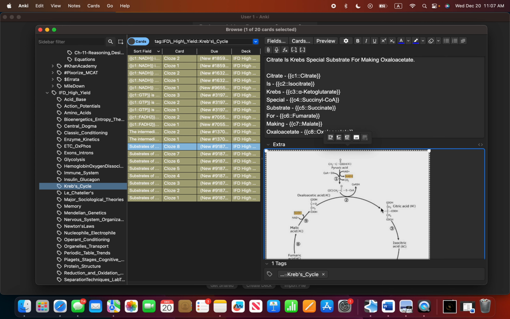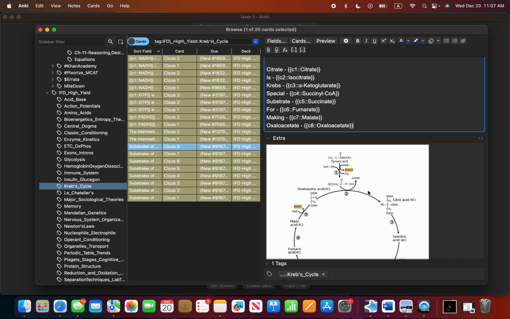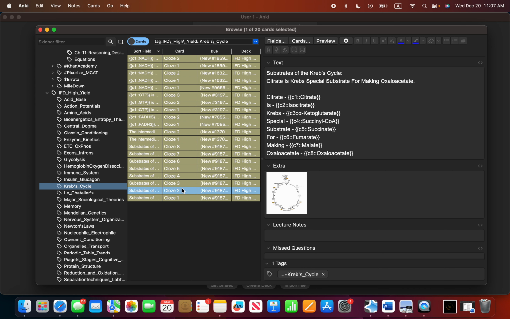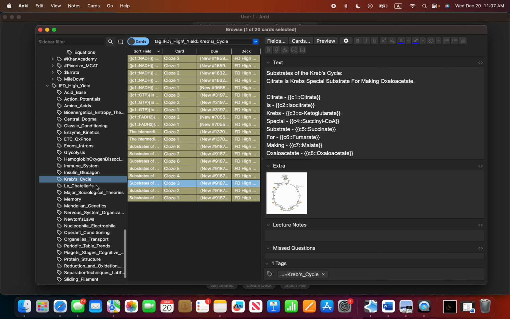So citrate is Krebs' special. Special should be succinyl-CoA, which is before succinate. And what was the substrate? So succinate, substrate 4, fumarate, making is should be malate, nice. Oxaloacetate, and oxaloacetate is itself. Nice. This is neat. I think I would use this instead.